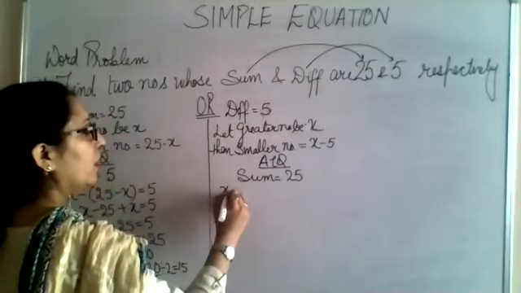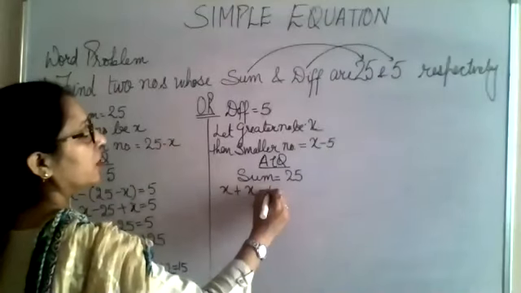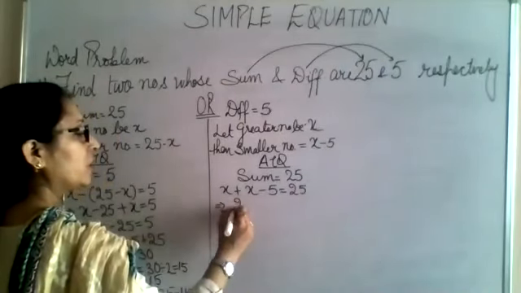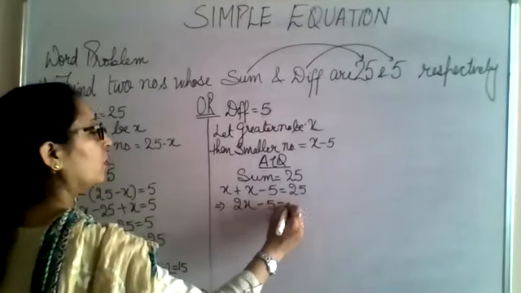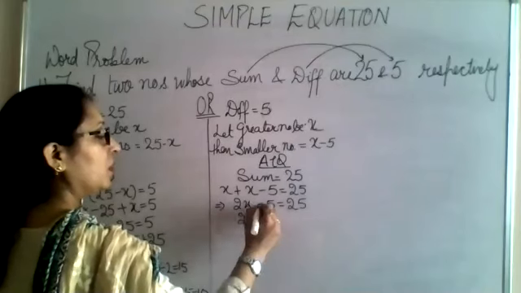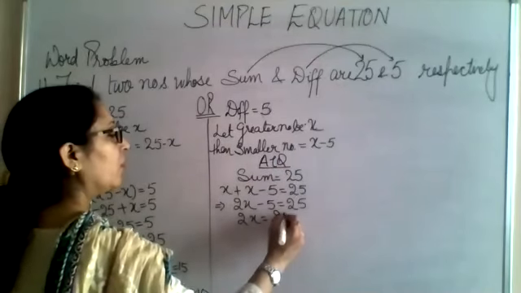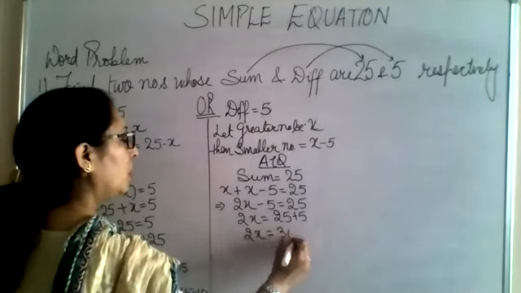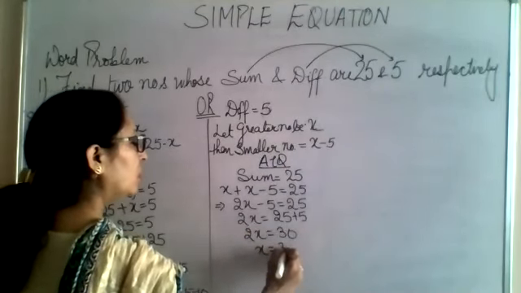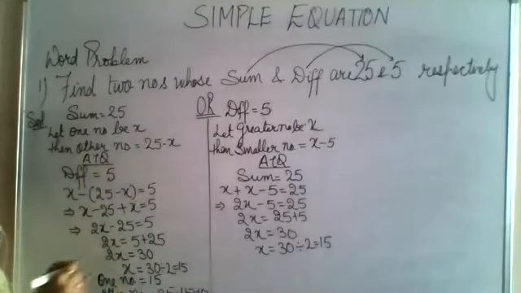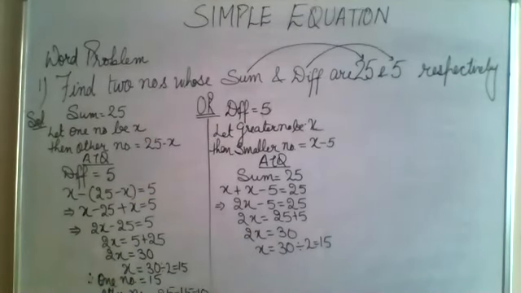So, if you add x plus x minus 5 equal to 25, how many x? 2x minus 5 equal to 25. 2x, this minus will go that side, will become plus. So 2x is equal to 30 and x is equal to 30 divided by 2 equal to 15. So therefore, first number will be 15 and other number will be 10.